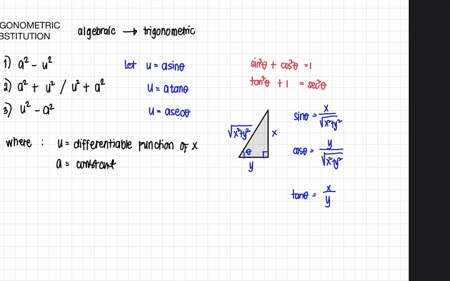Now, if the triangle was different, say this is our right triangle, this is the right angle here. For example, the hypotenuse is x, we have the angle theta here, and this side is y. So our given here is x and y. What is the measure of this side? Using the Pythagorean theorem, this is the square root of x squared minus y squared.